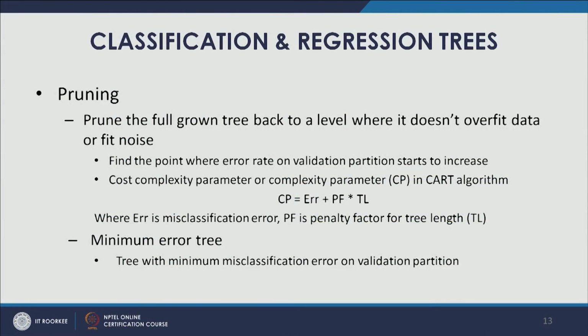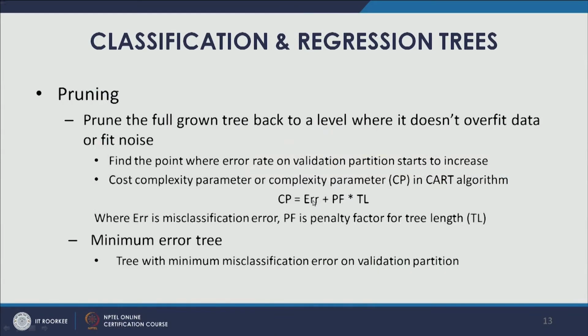Another concept related to pruning is the cost complexity parameter, or complexity parameter CP, that is generally used in the CART algorithm. The complexity parameter values are typically used to perform the pruning in many implementations of CART. So, what is the complexity parameter?